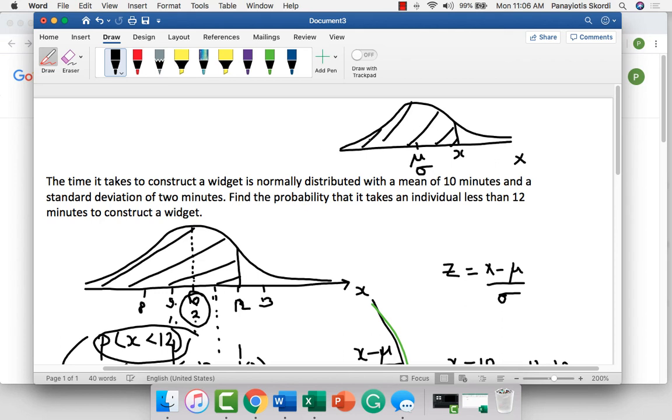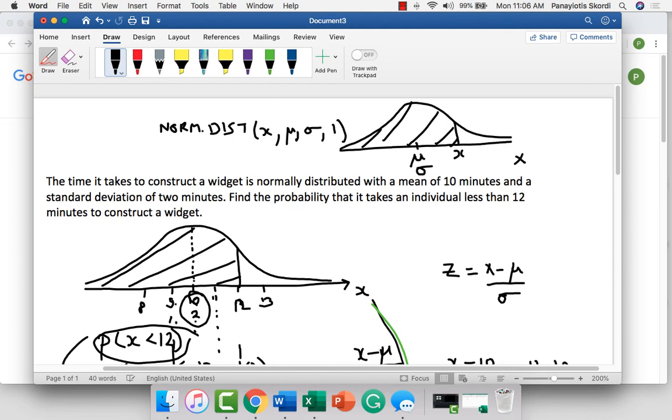So if I want to work out the area in here, all I use is norm.dist, and in fact we're going to put our X in here. We're going to put our mean and our standard deviation, because it's not the standard normal, so we have to put whatever our mean and standard deviation are in there, and 1.